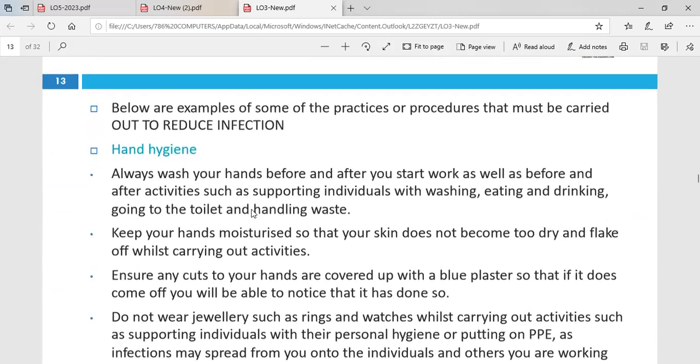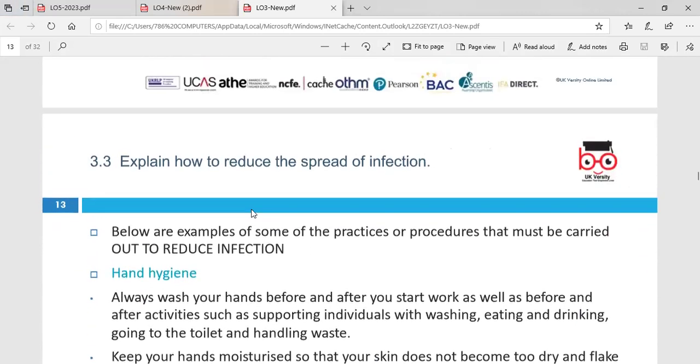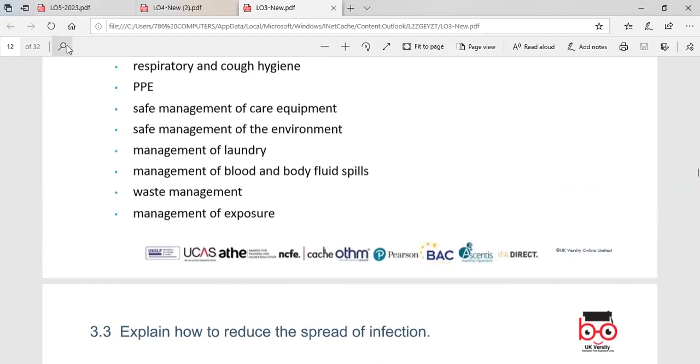So you have hand hygiene. Which infections would you reduce their chances of spread by hand hygiene? Can anyone talk about this? Colds. Yeah, what else? COVID.